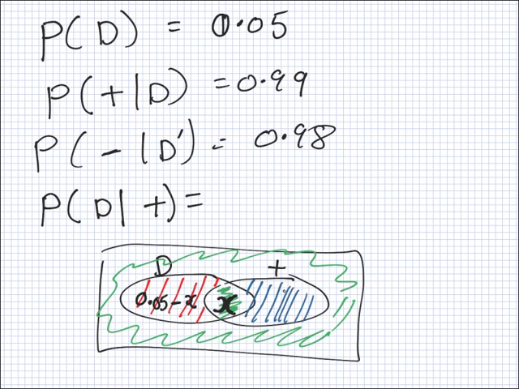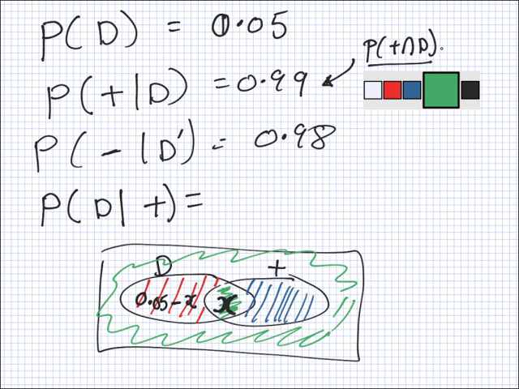No. Now, let's just look at what these represent to get a little bit of guidance. So, positive given the disease, that's the probability of positive and the disease, which is the x here, all over the probability of the disease. Now, it doesn't look like I need to finish anything else on the Venn diagram, because this here is x.